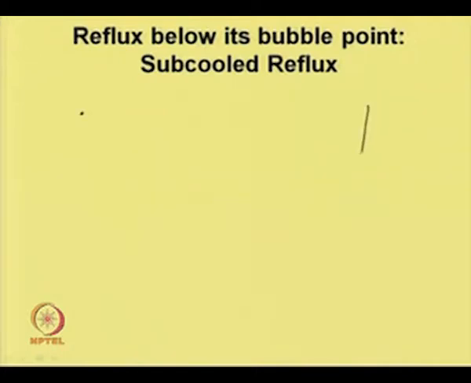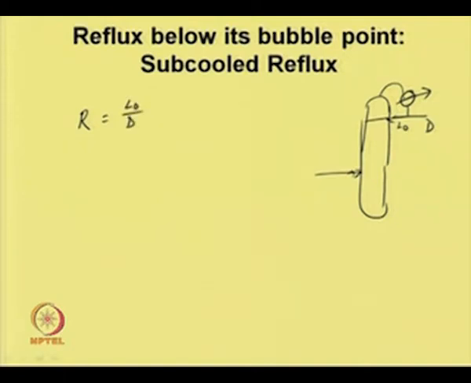If we see, this is the top section, which is cooled and then returns the reflux. This is L0 and this is D. So, the reflux ratio R is equal to L0 by D.